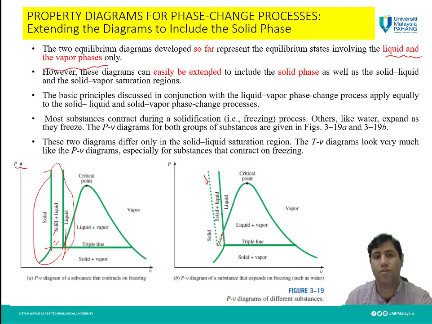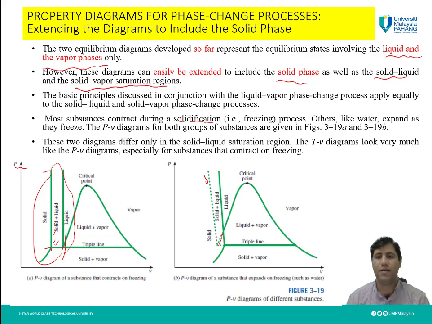So this diagram can easily be extended to include the solid phase as well as the solid-liquid and solid-vapor saturation regions, like what you can see here. Most substances contract during solidification. When material is changing phase from liquid to solid, we call that solidification, for example, freezing from water to ice.